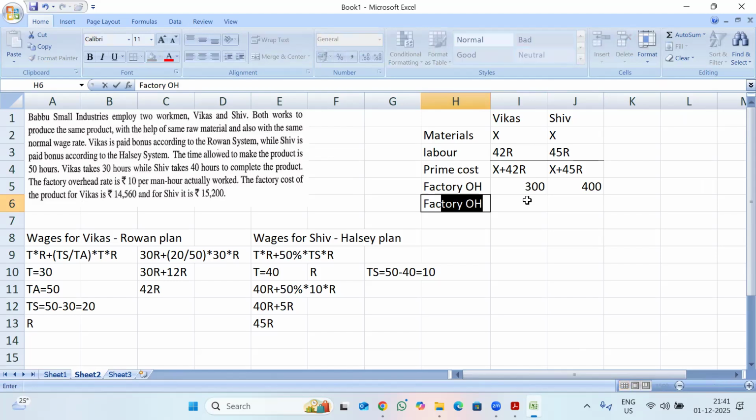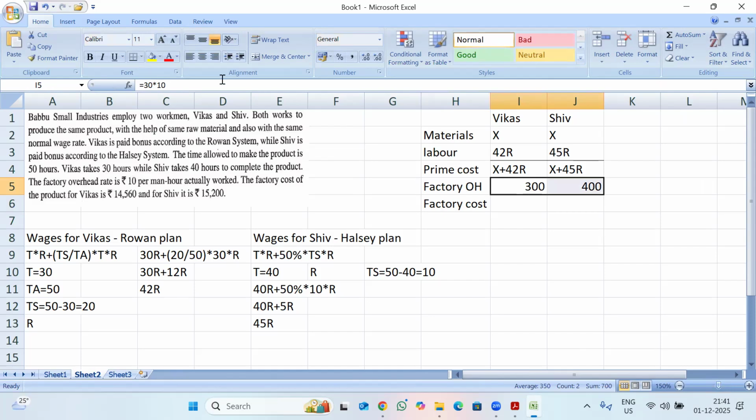So my factory cost is prime cost plus factory overhead, right? So ideally it should be X plus 42R plus 300.